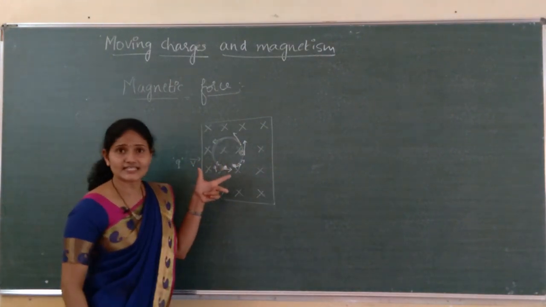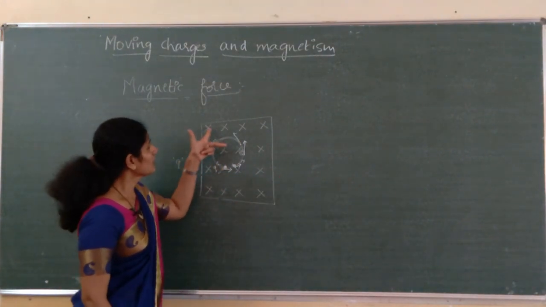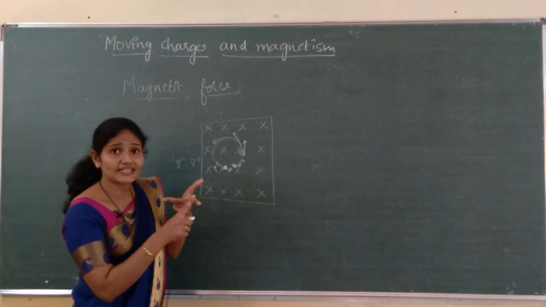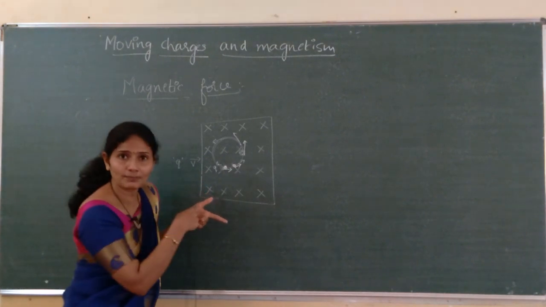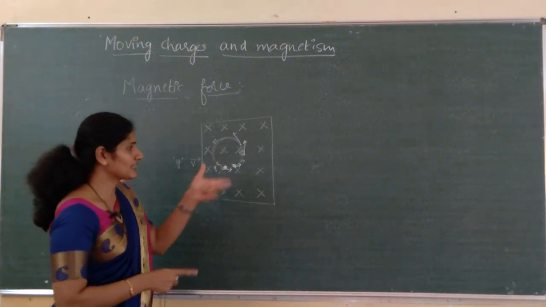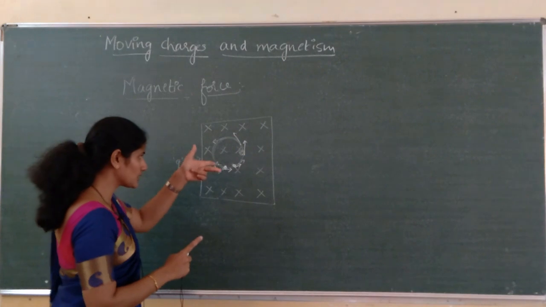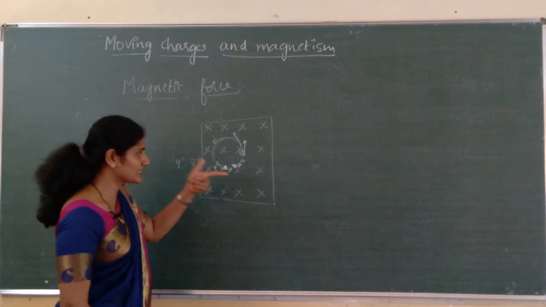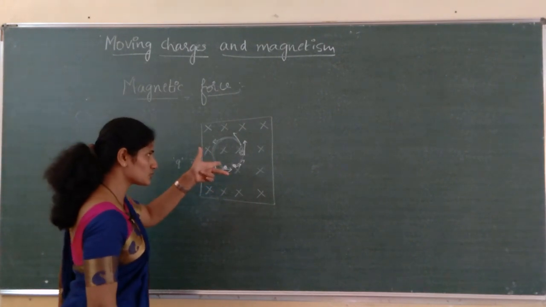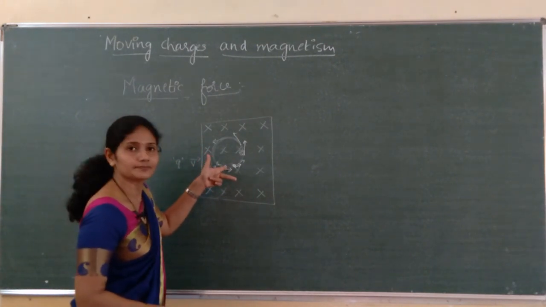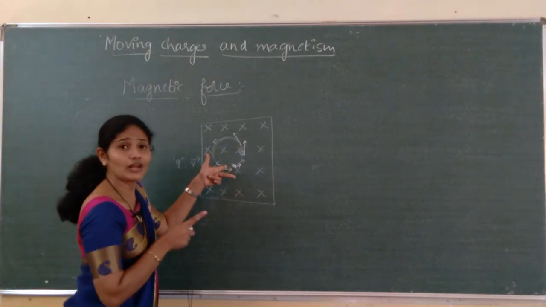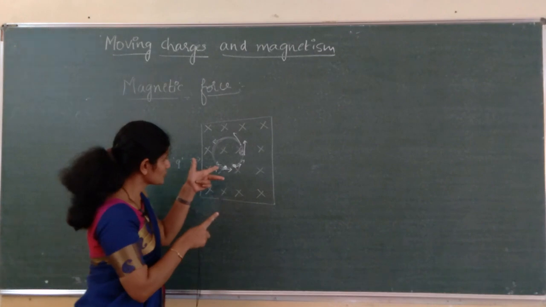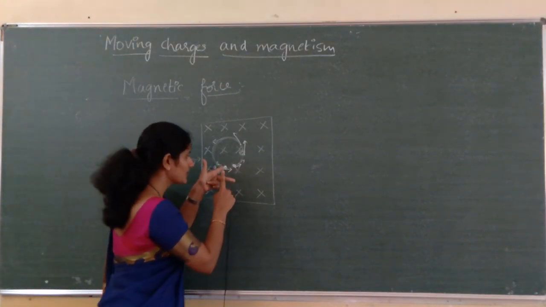So here in this example, magnetic field is represented by a cross. That means the magnetic field is going into the plane of the paper. So you should keep this finger like this, because the magnetic field is going into the plane of the paper. The middle finger represents velocity, so it is like this.